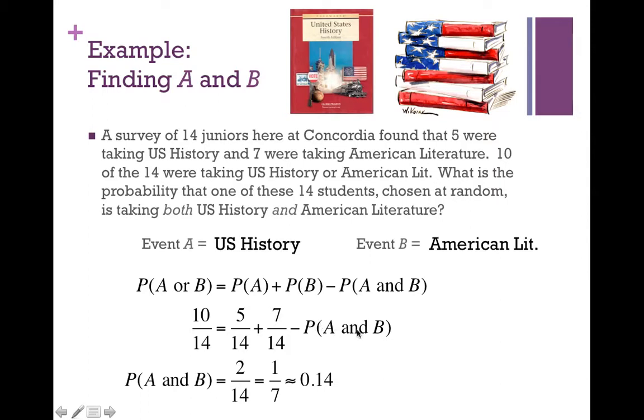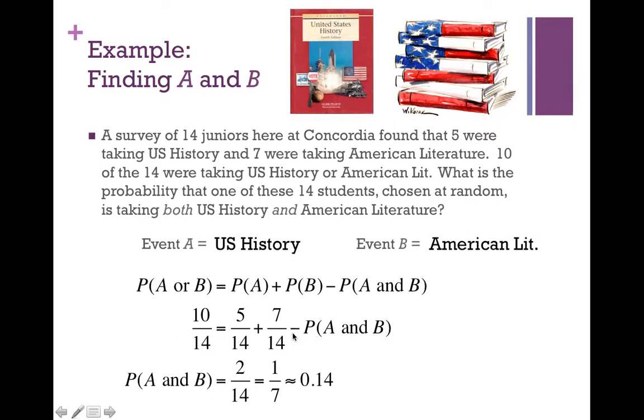And so now if we make this our x, our variable that we want to solve for, we can combine the 5/14 with 7/14 to get 12/14, and then subtract that from this side, which would give us a negative 2/14.